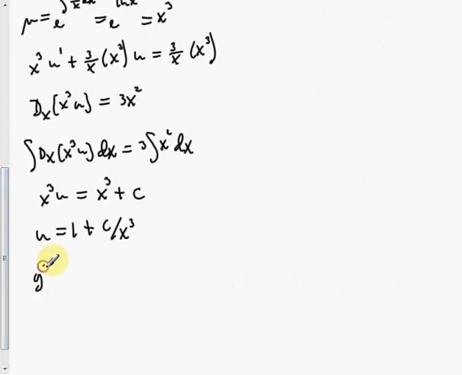So this is y to the third is equal to 1 plus c over x cubed. And we leave the answer just like that. Want to make sure I didn't go too far. And that's fine. Okay?